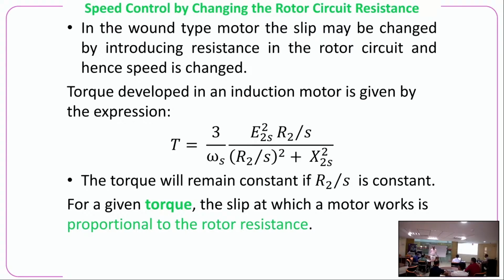TE, the torque expression, equals 3 by omega S into I2 square, that is V1 square divided by the square of this: (R1 plus R2 dash by S) square plus (X1 plus X2 dash) square, which is the denominator, into R2 dash by S. So this is the torque in Newton meter.